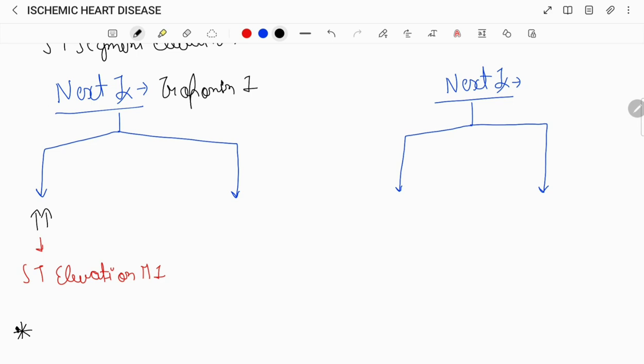And if the troponin I levels are normal, then in that case your diagnosis would be Prinzmetal angina. Prinzmetal angina is also known as variant angina.